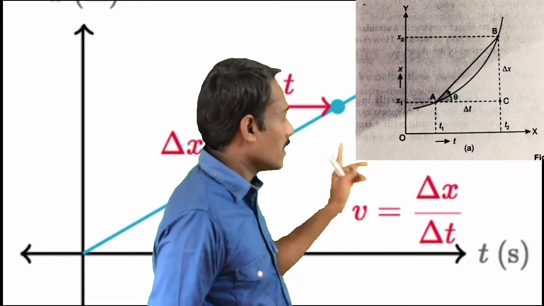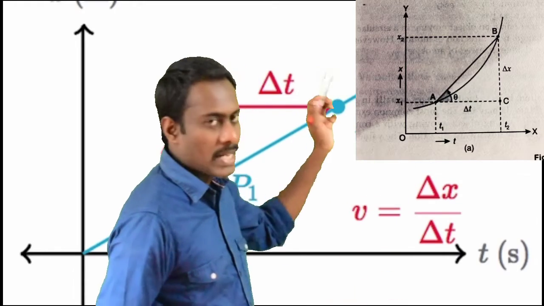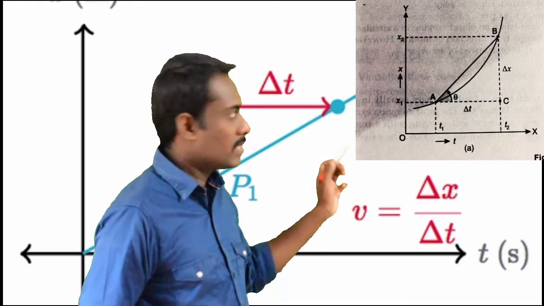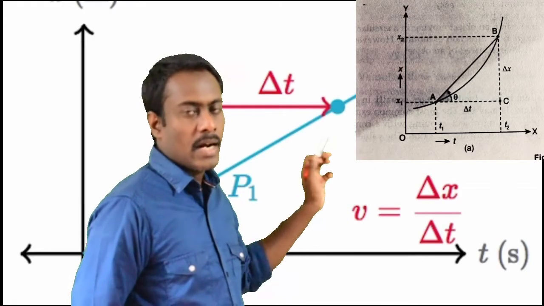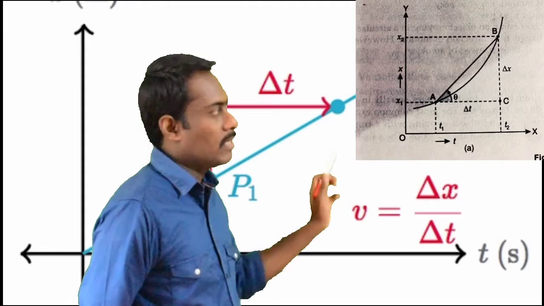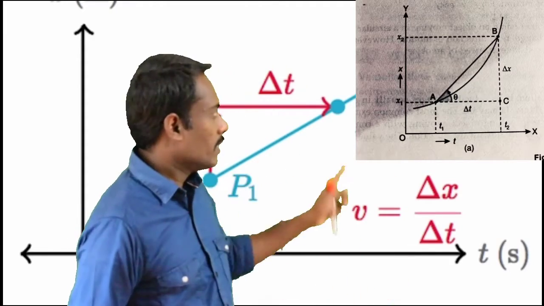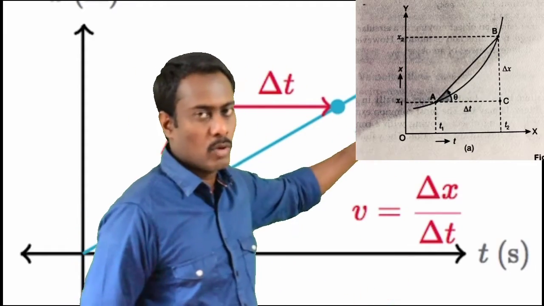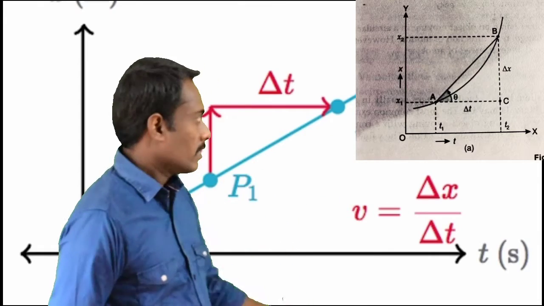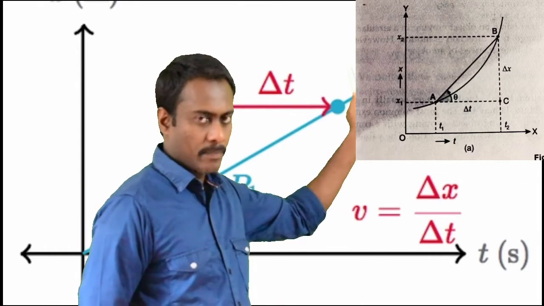So tan theta is equal to BC divided by AC, which is delta x divided by delta t. That is equal to the velocity of that moving object. Clearly note that the angle theta is measured in the anti-clockwise direction.